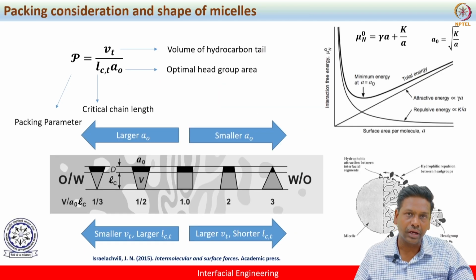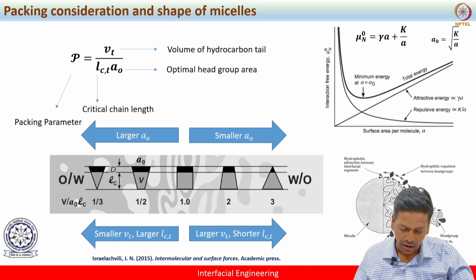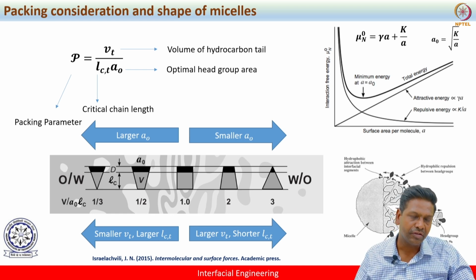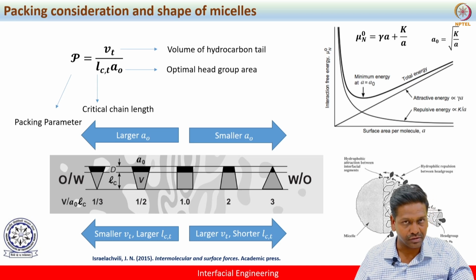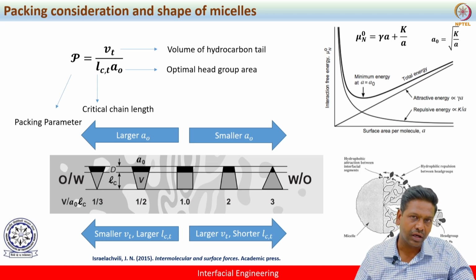Now we'll look at the packing consideration and the shape of micelles. As you know, formation of a micelle is nothing but self-assembly, or self-organization, of the surfactant molecules. Surfactants can assume different equilibrium shapes, right from spherical to cylindrical and lamellar and several others.